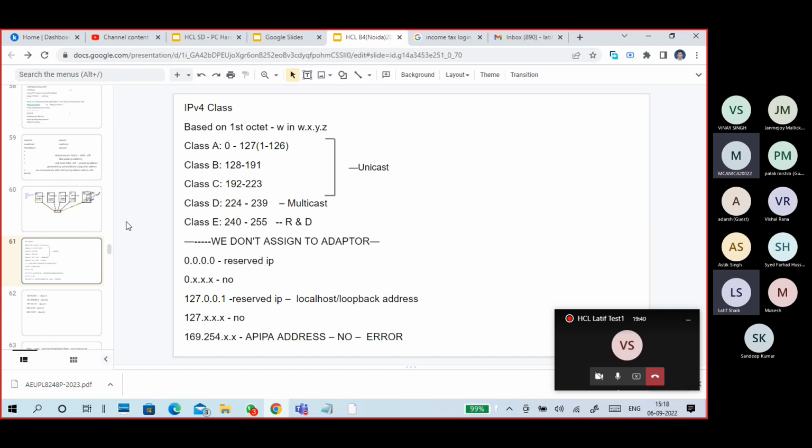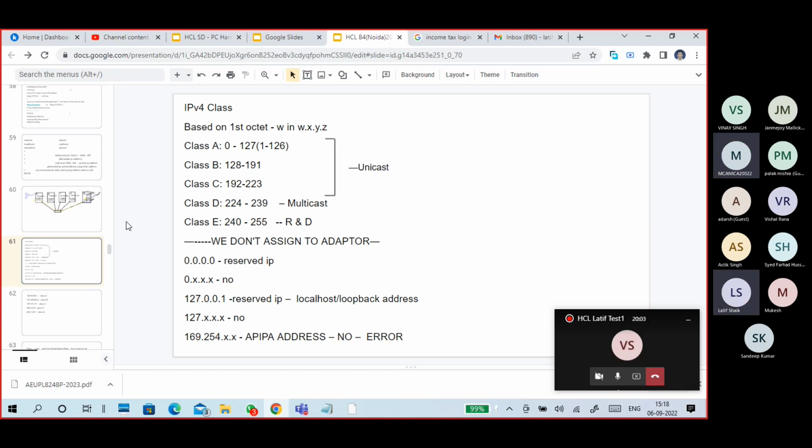And also we cannot assign the 0 series, the 127 series, and the 169.254 series. 0.0.0.0 is a reserved IP address for certain services like default routing, but we cannot assign it to any adapter or any device.